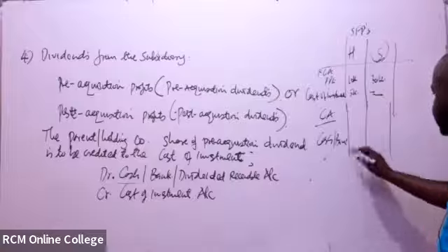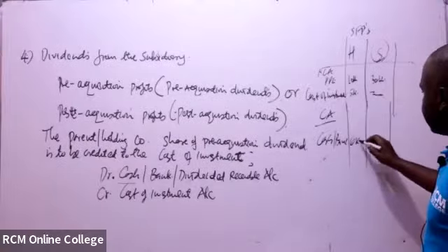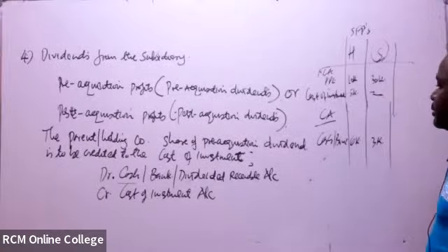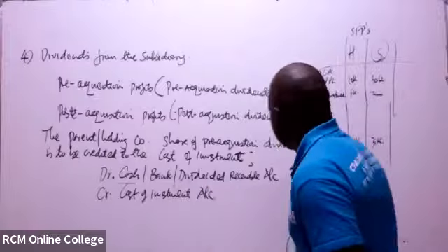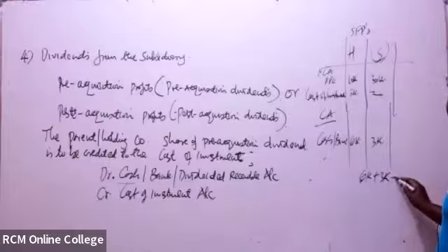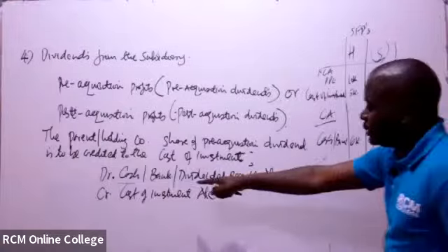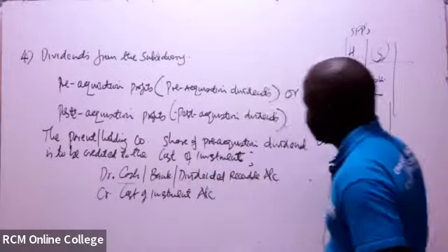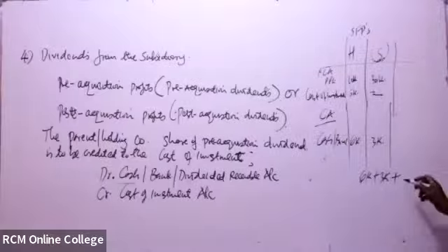The question continues. Maybe this one is actually 6K. This one is maybe 3K. So it means these dividends you've received, you'll be saying 6K plus 3K plus that dividend received, because it is increasing. If it was paid by cash, you'll end up having to increase it. Maybe they actually paid dividends of 1K.